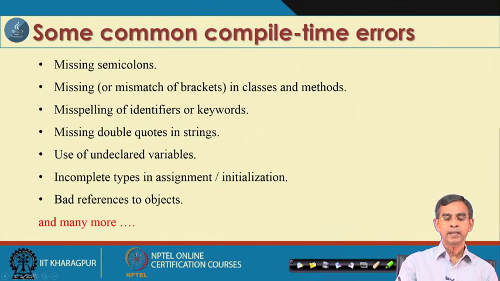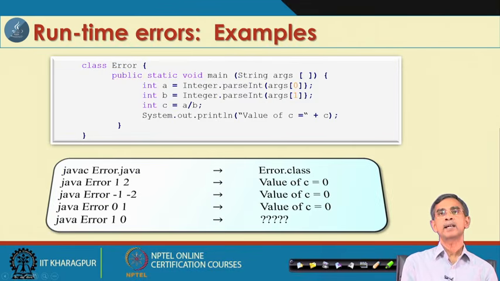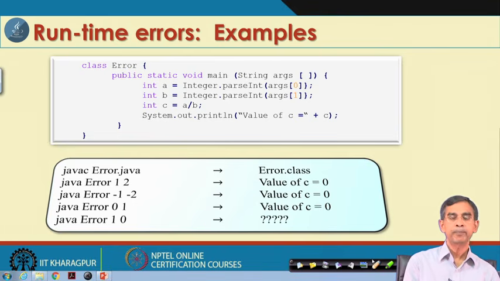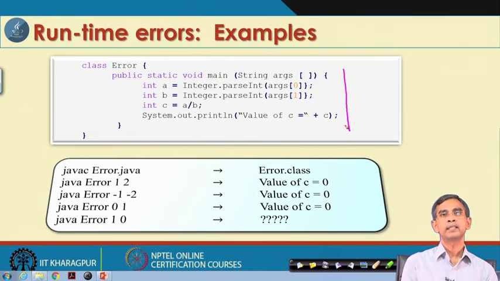Now, this is the compile time error, and then what is the runtime error? Let us have a look. This is one program we can see. If you compile it, it will compile successfully, because there is no error in this program so far as compilation is concerned.